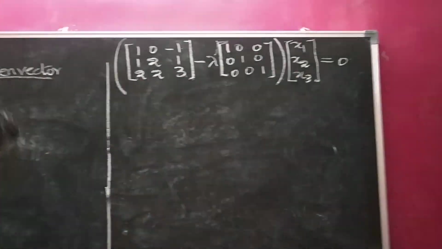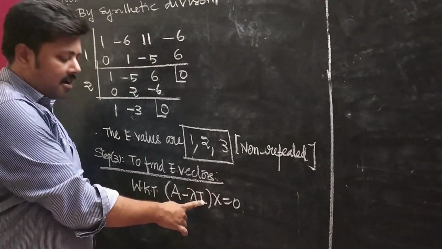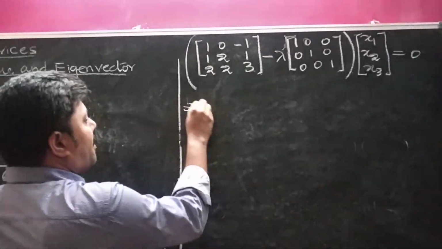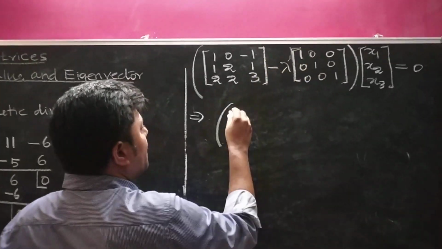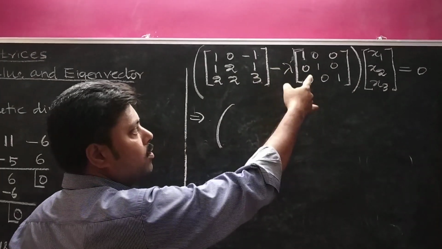Right? A is the given matrix, lambda is the eigenvalue, I is the unit matrix, x is the non-zero column vector. So just subtract the two matrices. First multiply with lambda, so lambda, lambda, lambda, and then subtract the two matrices.